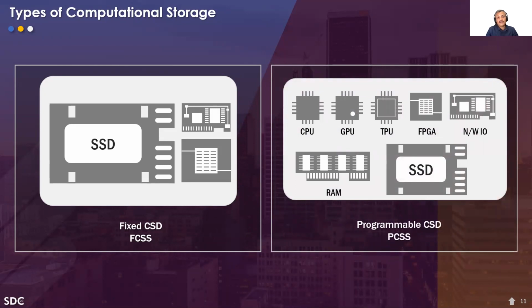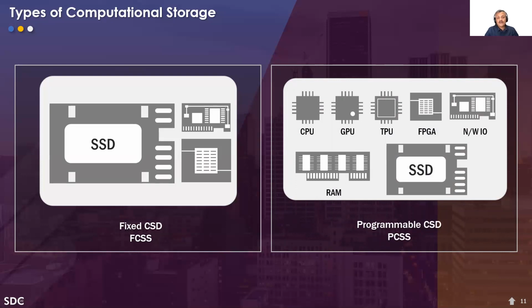The next one is the fully programmable CSD, where we have options of having CPU, GPU, TPU, tensor processing unit, and FPGA as well. It could be a mix of all this, or it could be all, depending upon the manufacturer and depending upon the requirement.